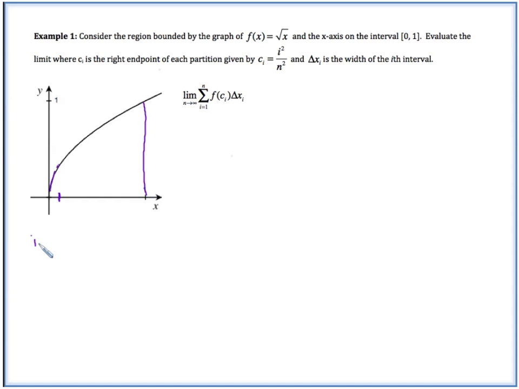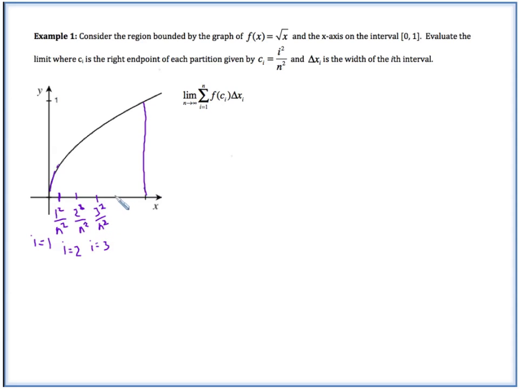So if i equals 1, our first partition point is 1 squared over n squared, because that's all i means: which partition it is. Now for the next one, when i equals 2, the point is 2 squared over n squared. For our third partition, i equals 3, so we get 3 squared over n squared.